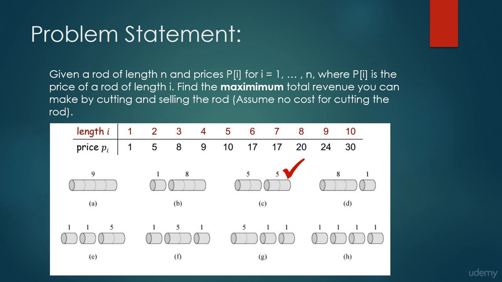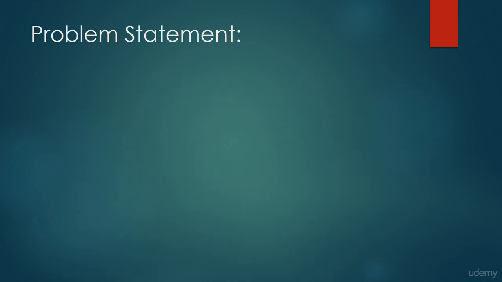You're given a rod of length n, and the prices for different rods of length 1, 2, 3, 4 up to n, and it's asking what's the most money you can make from that rod. Okay, so let's start thinking about this problem and how we would solve it. Automatically, you should start seeing some overlapping between the different subproblems.